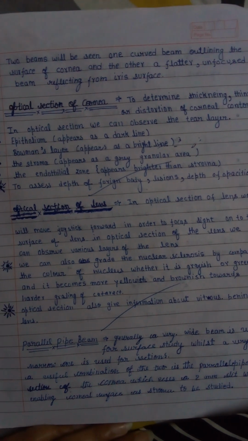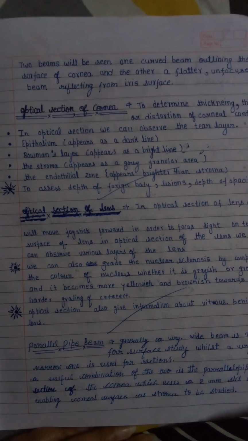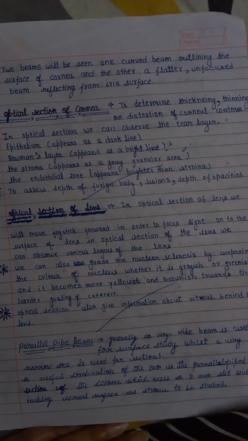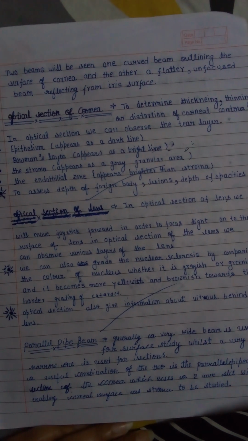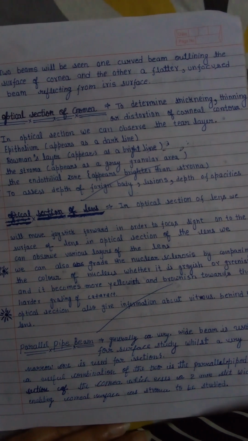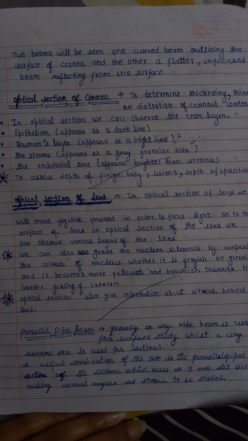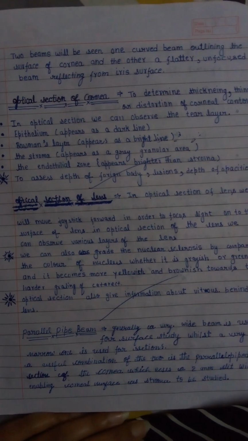And we will get one more beam that will be flatter and unfocused. The first beam will be focused onto the cornea, and the other beam will be flatter and unfocused, reflecting from the iris surface.